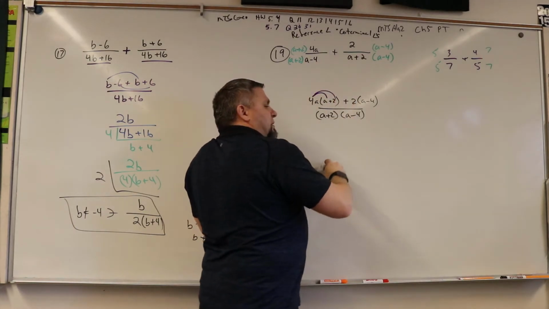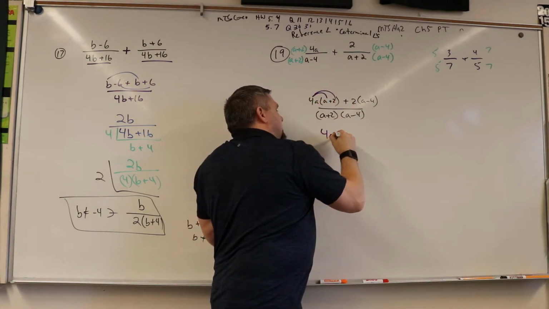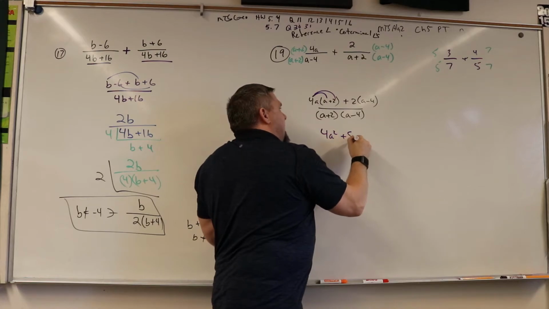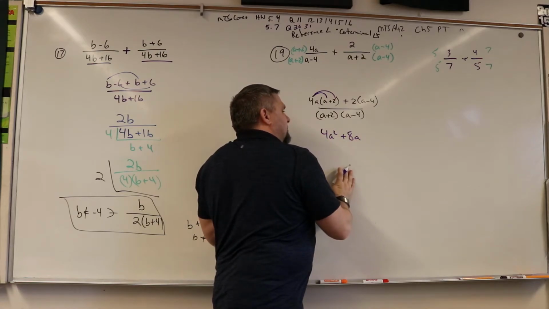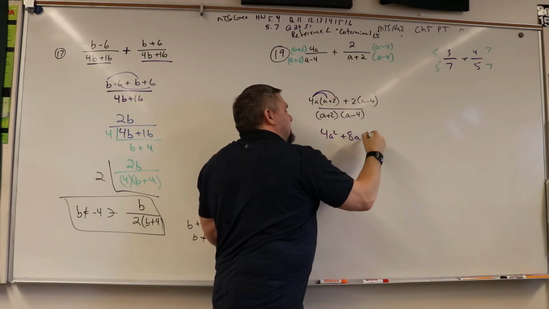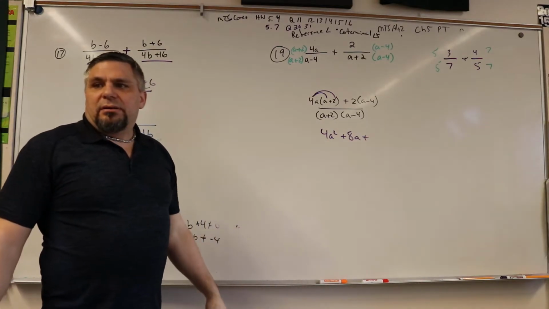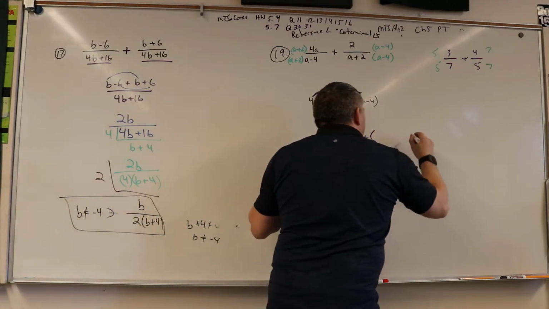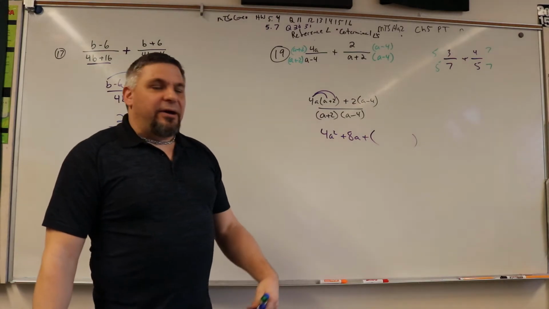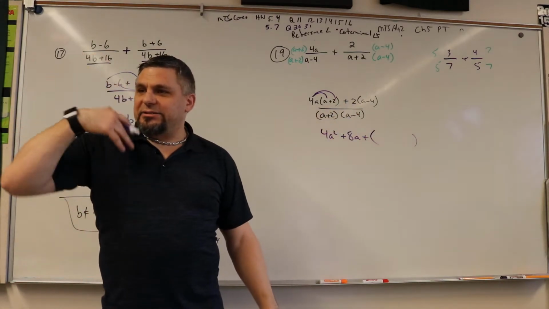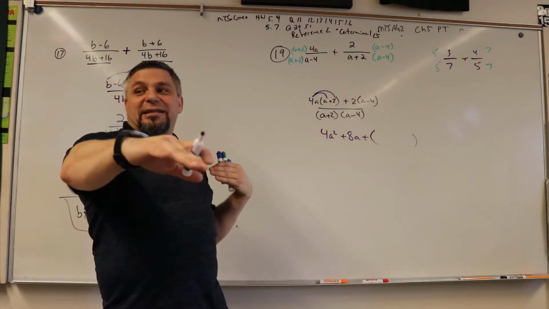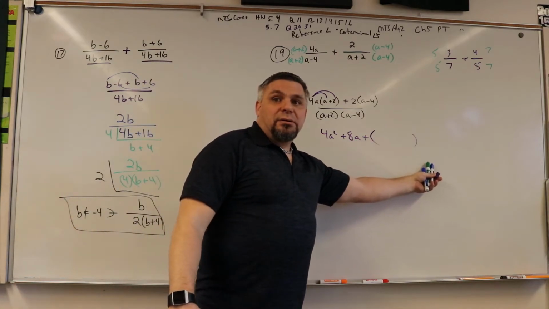So now I'm going to multiply. Bing, bing. So that's going to be 4a squared plus 8a. Plus, okay? Now that means I'm adding everything in here. Now if this is a minus, like the next problem will be, you're subtracting everything in there. Okay?